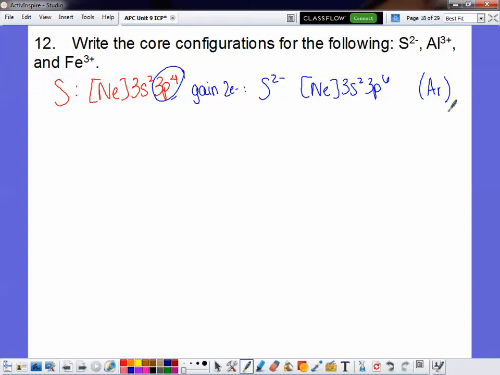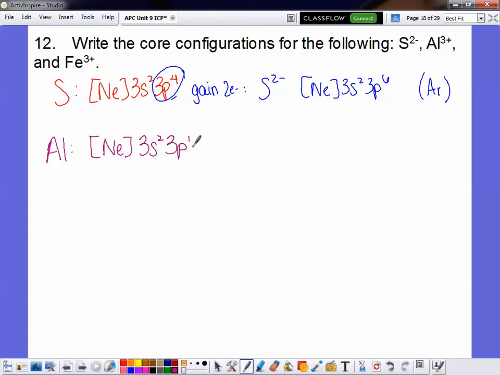Okay. For aluminum, what is its core configuration? Neon 3s2, 3p1.